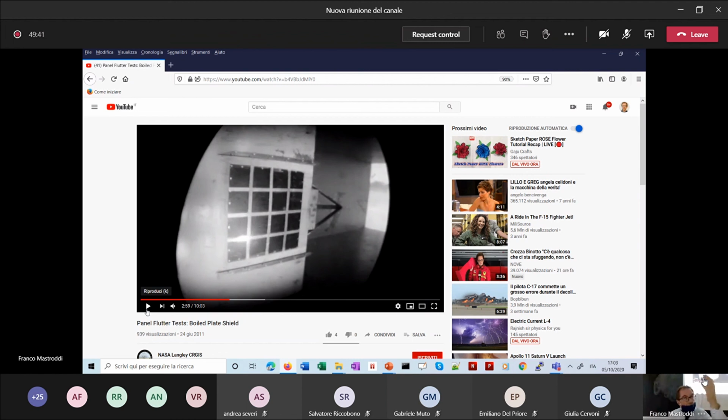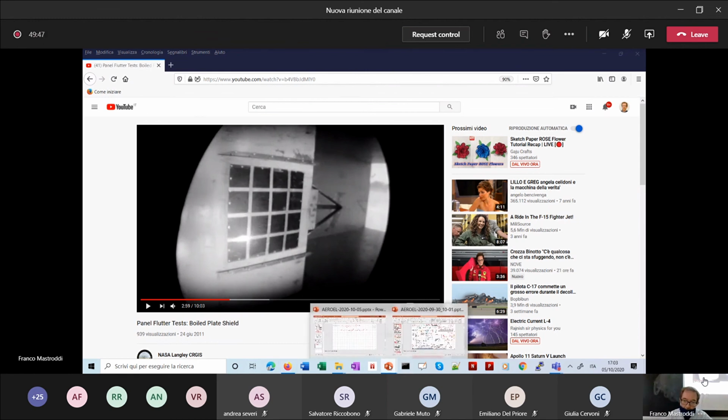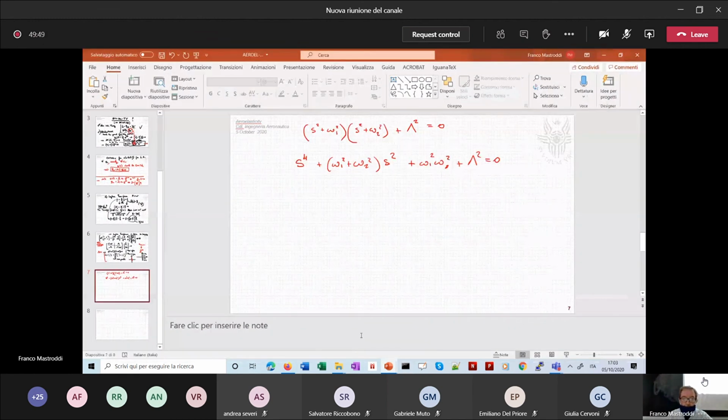You have the answer in this equation. The answer is written in this characteristic equation. Look, you have a fourth order equation, s to the power 4, s square, and this is the term independent of s. Is there any physical value for lambda such that you have s equal to 0?